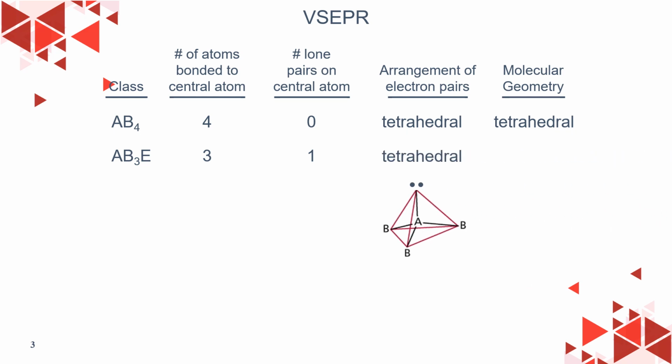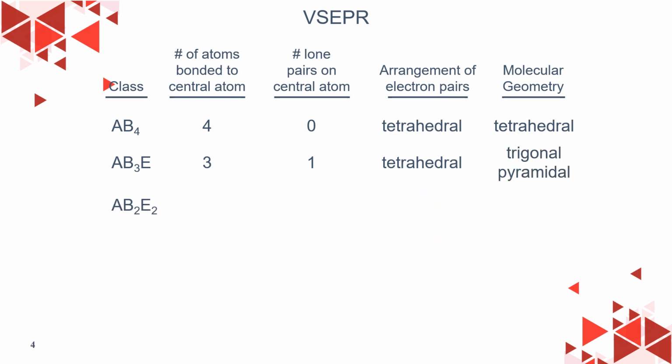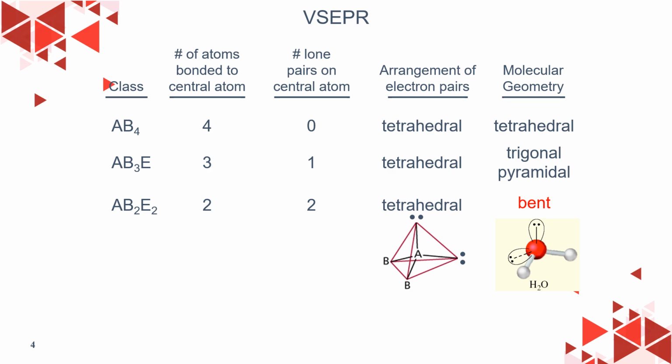There will be a change in the molecular geometry: the lone pair pushes the bonding pairs closer to each other, resulting in a trigonal pyramidal geometry. And what if two of them are lone pairs? It is the same as what we learned about H2O in the previous slide.